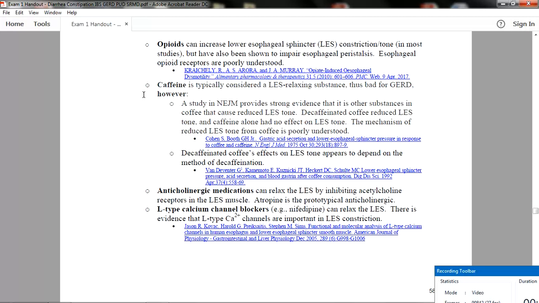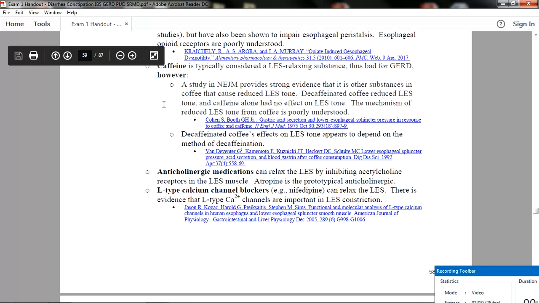It means there's something else in the coffee causing it. There are acids and oils in coffee, so we don't know exactly what it is, but that was interesting, even though it was an older study.